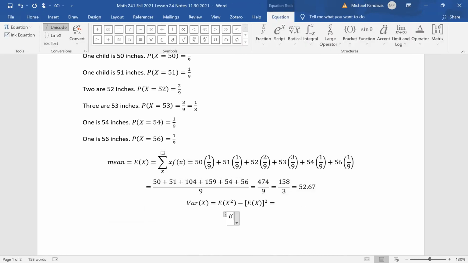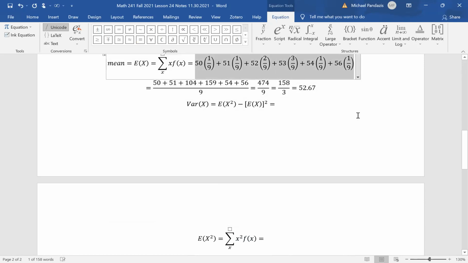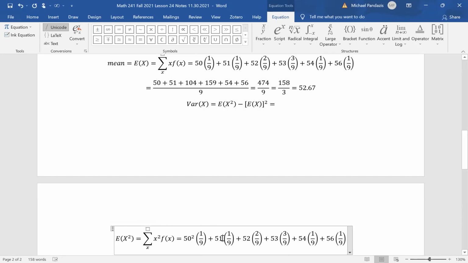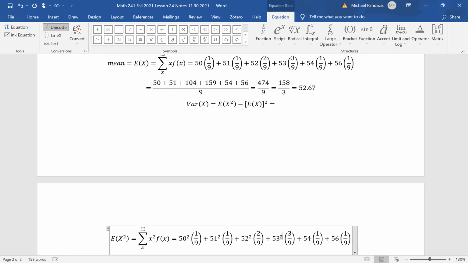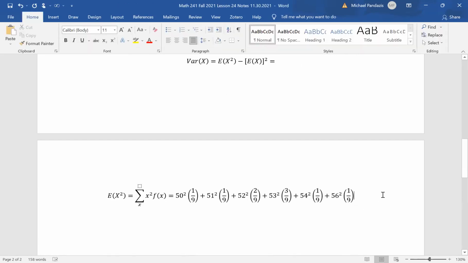E of X squared is equal to the sum of all possible values of X squared times f of X. And so in this sum, instead of taking each value, you're taking each value squared and multiplying it by its probability. Then you add up the products, and you get the E of X squared. Does that make sense?